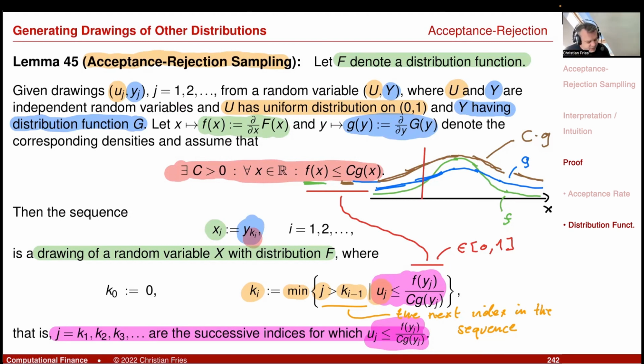Where is this uniform actually, in this area or in that area? And by throwing away the right proportion, you are changing from the density g to the density f.